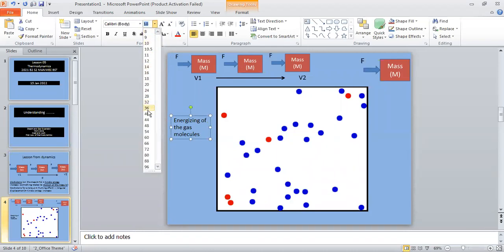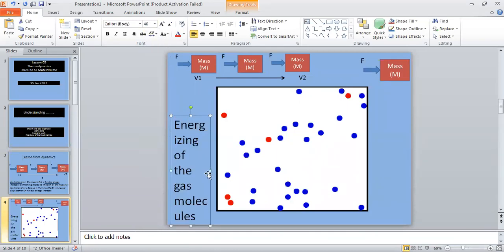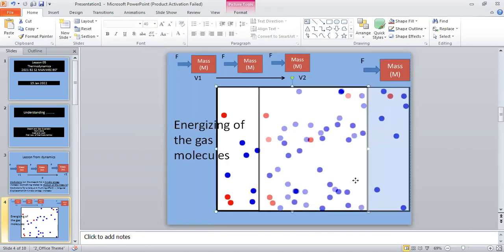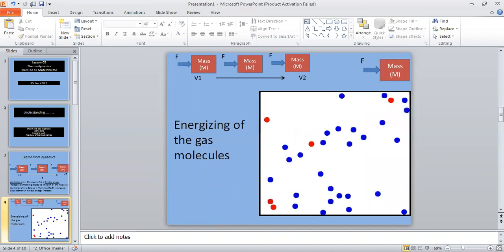Once energized, those molecules move fast. Less energy means lower velocities, high energy means high velocities. So for the gas molecules, when the velocities are higher, meaning higher kinetic energies, you may see higher temperature levels.